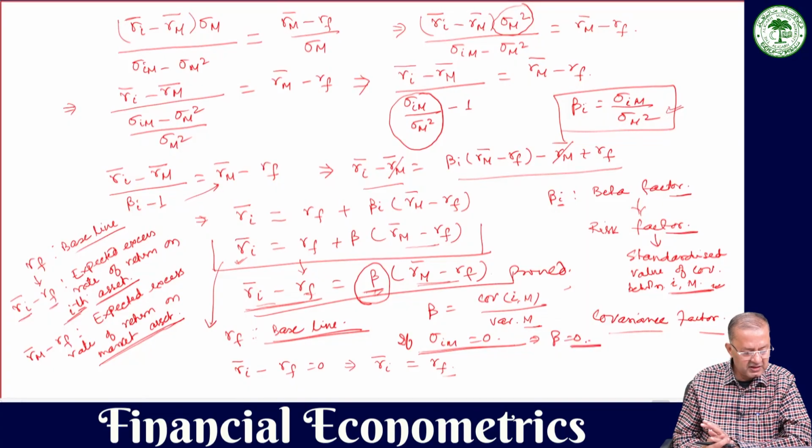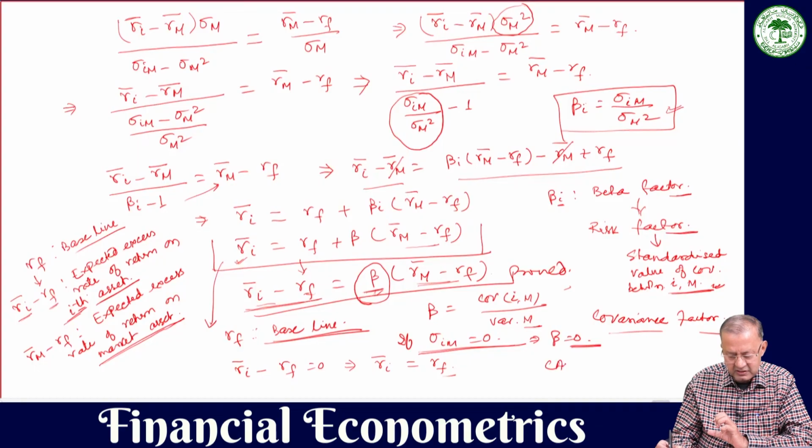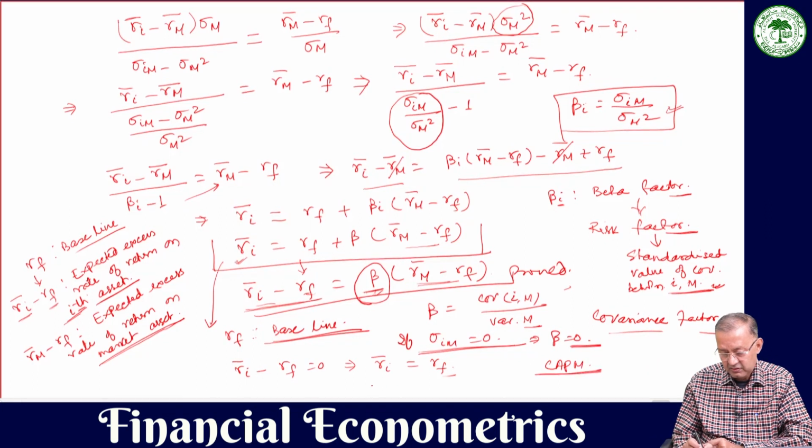Then what is this? It states that the capital asset pricing model says that when there is no covariance between the ith asset and the market asset, then the average rate of return on the ith asset is equal to the fixed rate of return, or there will be no premium on the ith asset.